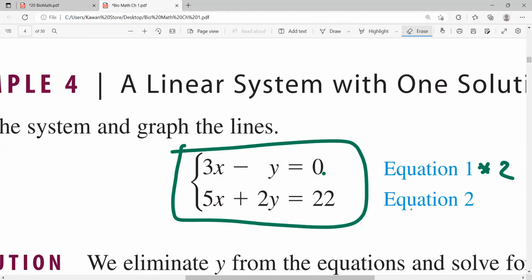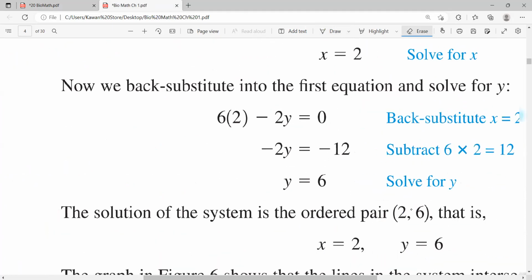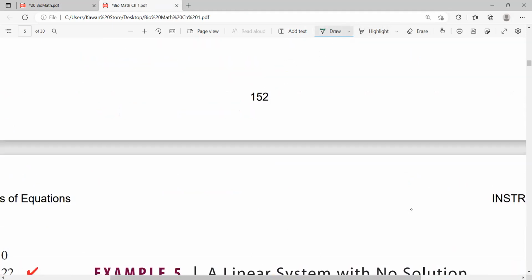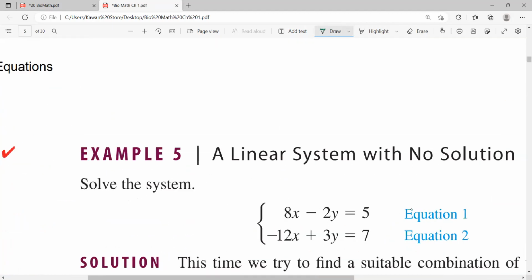Remember. Okay, now for example number 5, can you help me? Do not forget about exercise 23. Good. So exercise number 5, sorry.